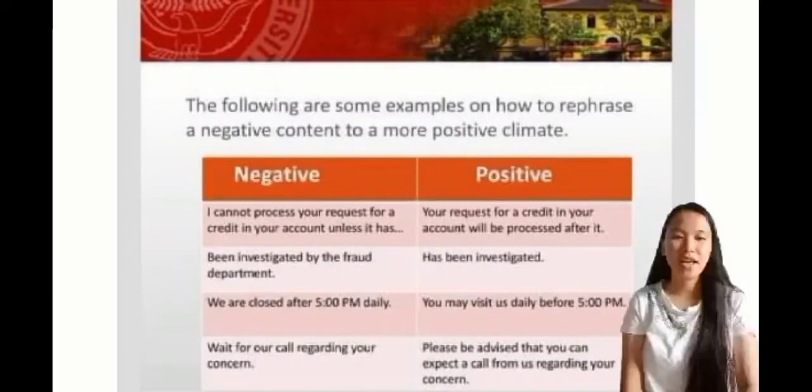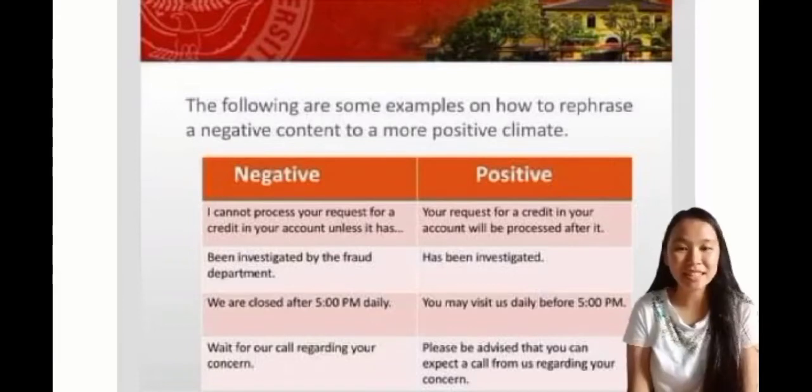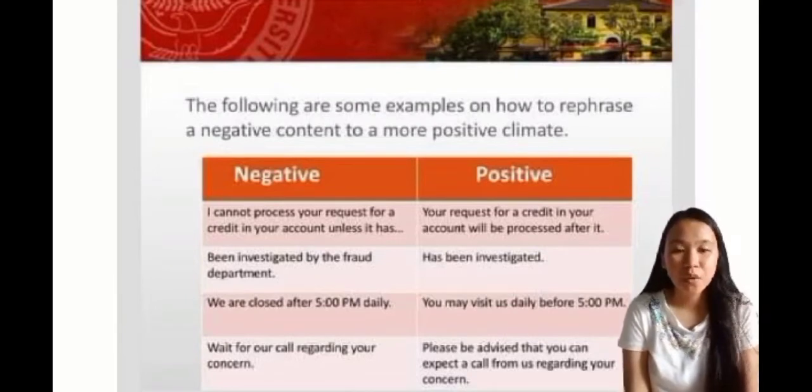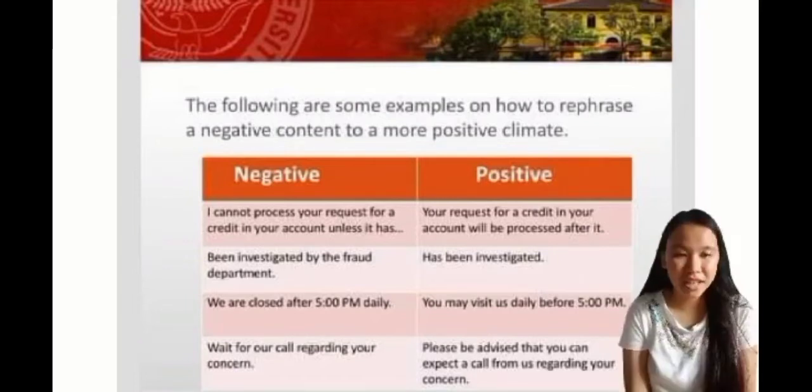Moving on. Now let us define negative content and how to rephrase it to a more positive climate. A negative sentence is a sentence that states that something is false. In English, we create negative sentences by adding the word not to an auxiliary or helping verb.